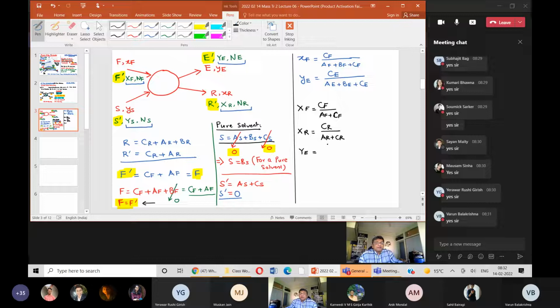YE is equal to C in E divided by A in E plus C in E. And here comes the problem. CS divided by AS plus CS. Look at these four terms. Are they clear to you?